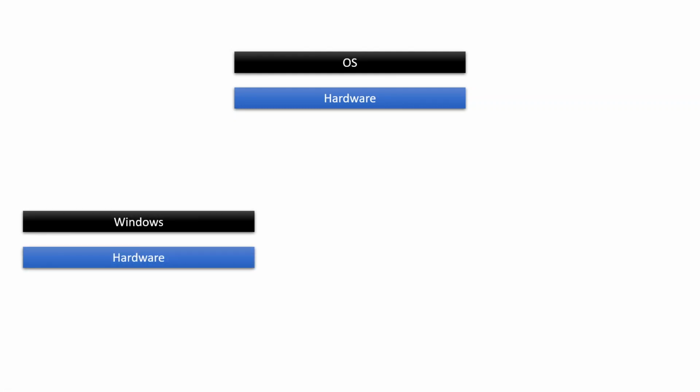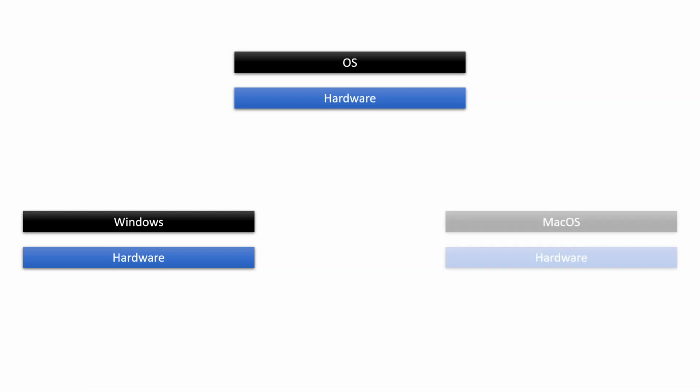So you can have Windows on the top of your hardware. Mostly in personal computing, I would like to say around 90%. It is just a wild guess, but around 90 to 95% of people would be using Windows.